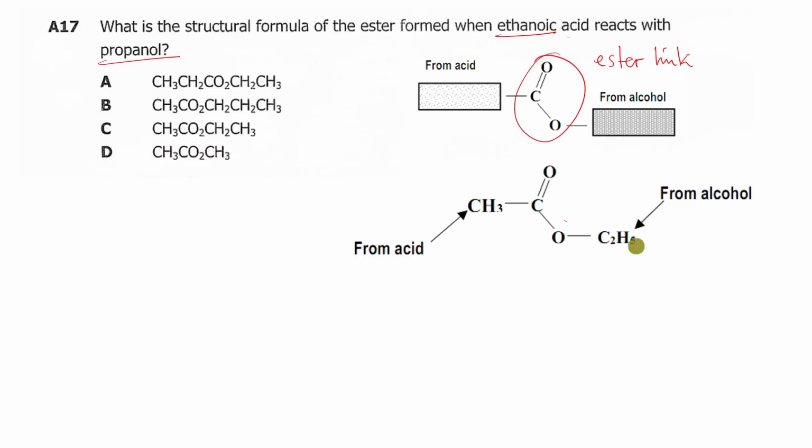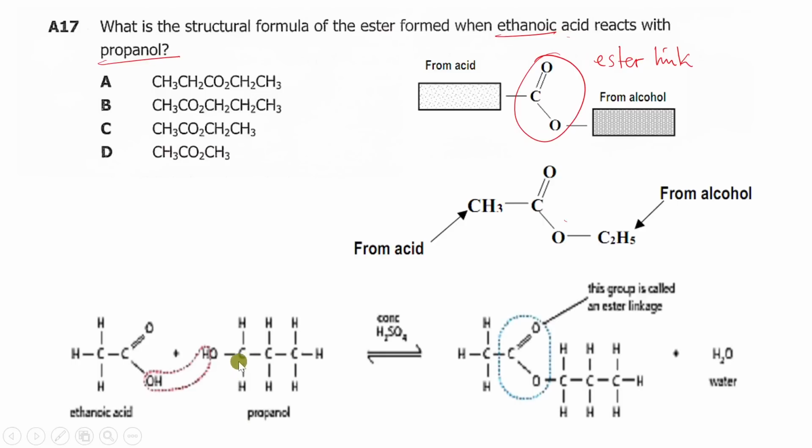Now, how do they form? This is how they form. I got this diagram from the notes. You have ethanoic acid, which has 2 carbon. Then you have propanol, which has 3 carbon. This one loses OH, this one just loses H. So this and that give water.